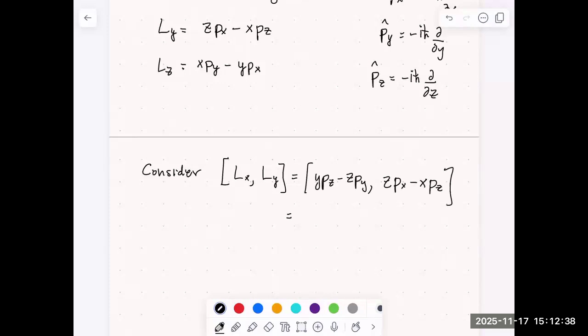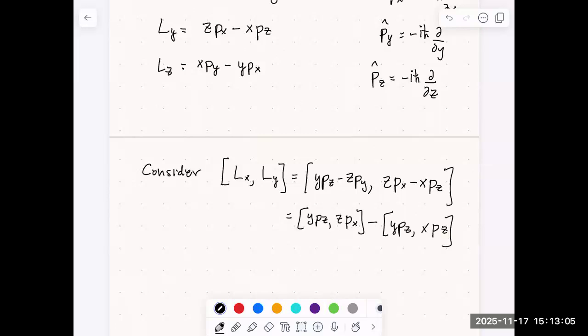So there would be the commutator of y pz with z px, and there would be a minus the commutator of y pz with x pz.